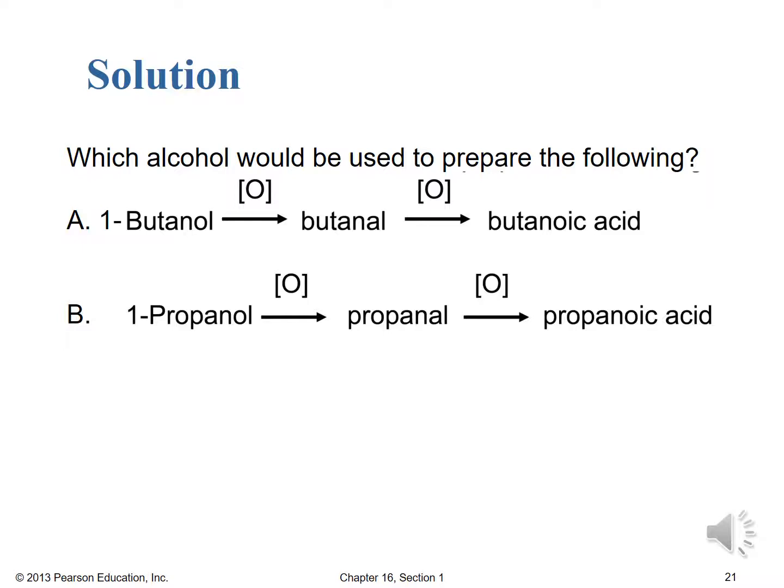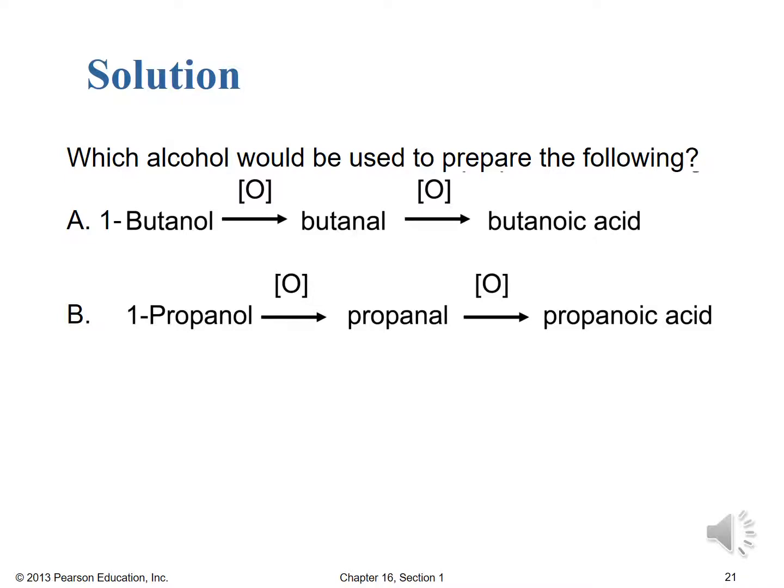And then finally, under further oxidation, we would get the butanoic acid that we started with in A and the propanoic acid that we started with in B, and that's how we would take those final products and think backwards, do what we call retrosynthesis, go backwards to figure out what alcohol we must have started with.